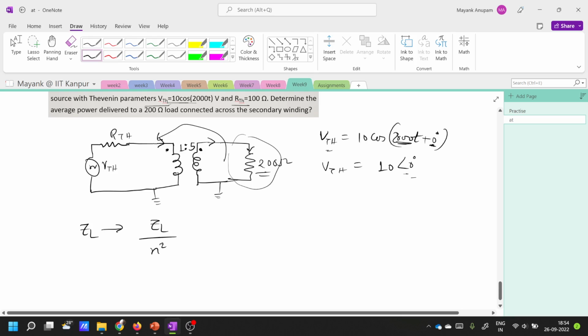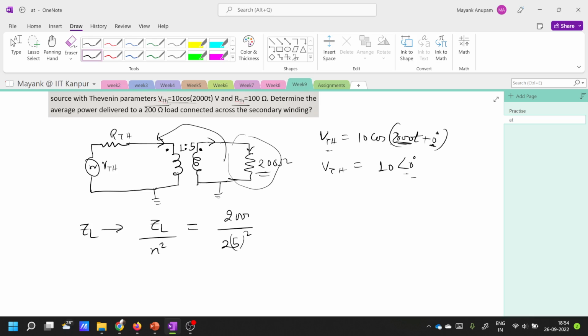So here ZL is 200 ohms divided by N square. N square is 5 square, which is 25. So 200 by 25, it's 8.